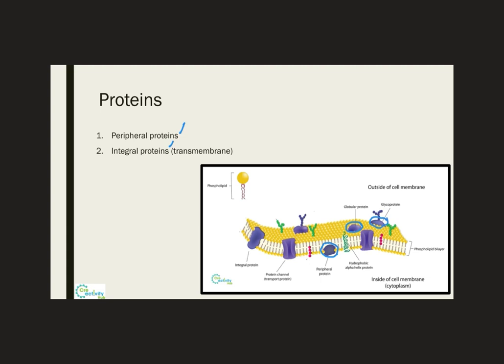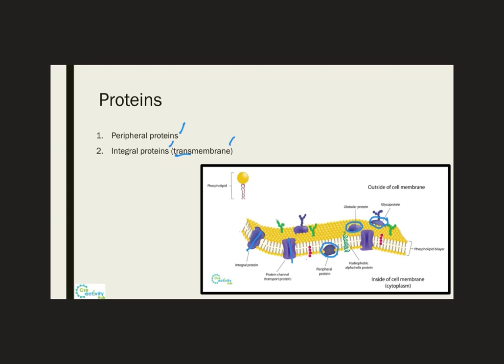The integral proteins, which can also be called the transmembrane proteins, also like the name says, will cross the phospholipid bilayer. And this is because trans means across or on the other side of. Therefore, it will go from one side of the cell to the other side of the cell across the cell membrane.